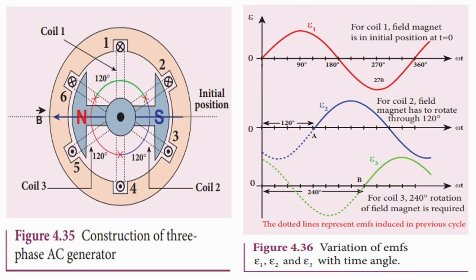Figure 4.35 shows the construction of a three-phase AC generator. Figure 4.36 shows the variation of EMFs, or electromagnetic forces, epsilon 1, epsilon 2, and epsilon 3 with time angle.